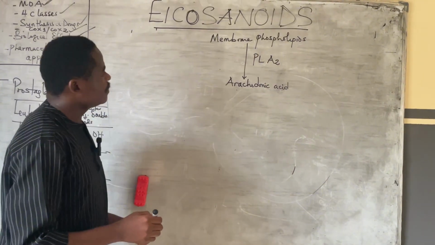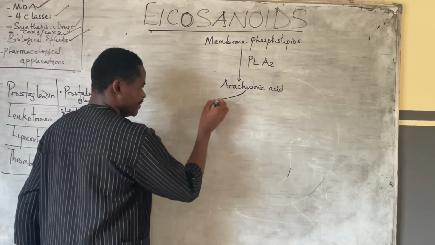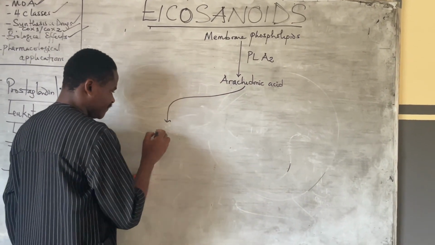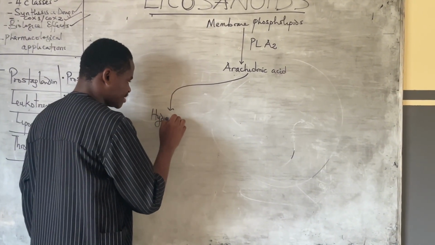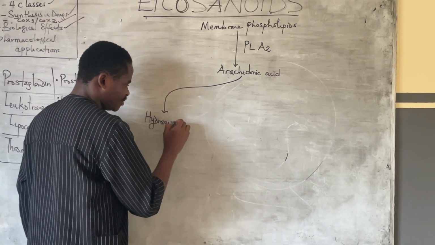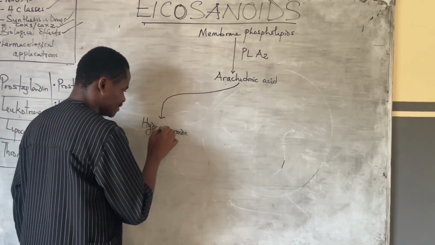Now, arachidonic acid on this side can go through two routes. The first route here will form what we call the hydroperoxides.